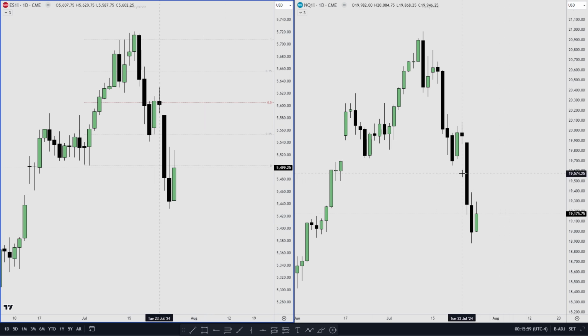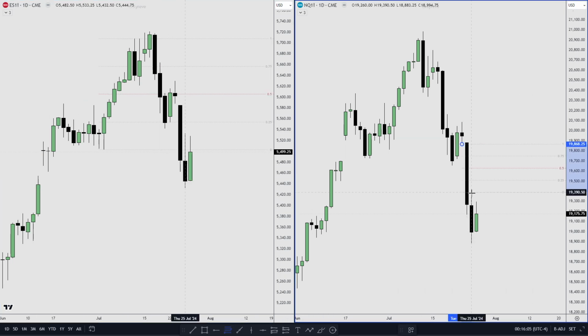For NQ, we have this fair value gap here on the daily time frame. So I would be using the fair value gap like this, including the volume imbalance up here. I would like to see price react off the 25% maximum.